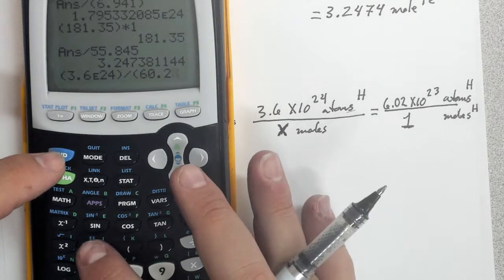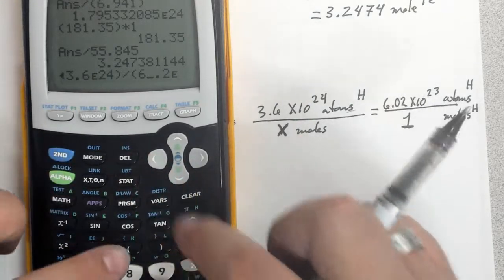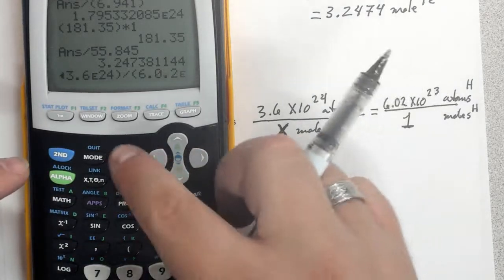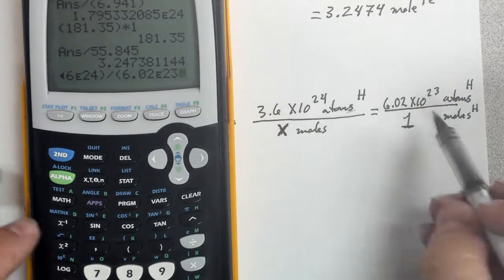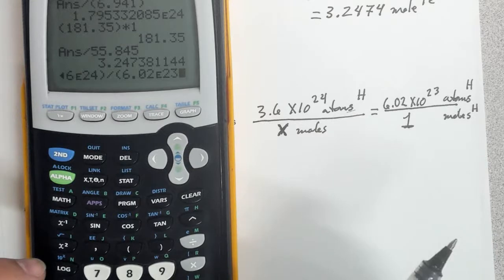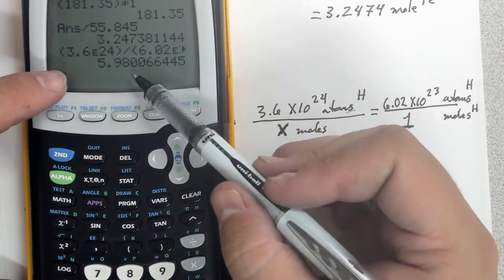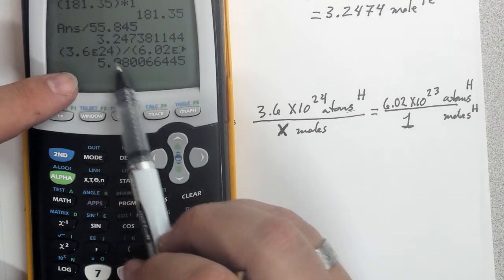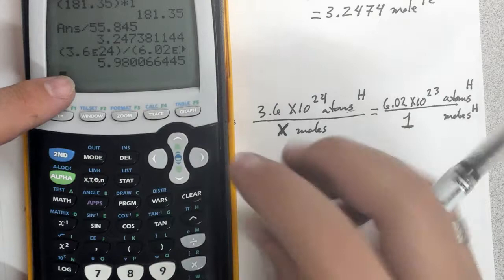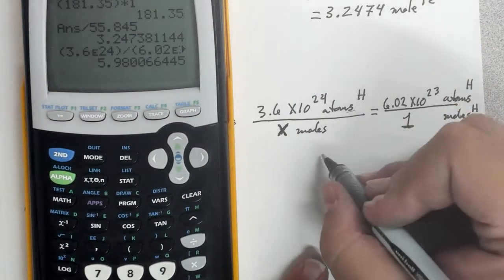Hit my comma key. Oops, pardon me, I made a mistake there. Hit my E, type in my 23, because that's the exponent that's here. And then I'm going to hit enter. This number that I'm given, after typing in my 3.6 times 10 to the 24 and dividing that by 6.02 times 10 to the 23, this is the number that I get for my answer.